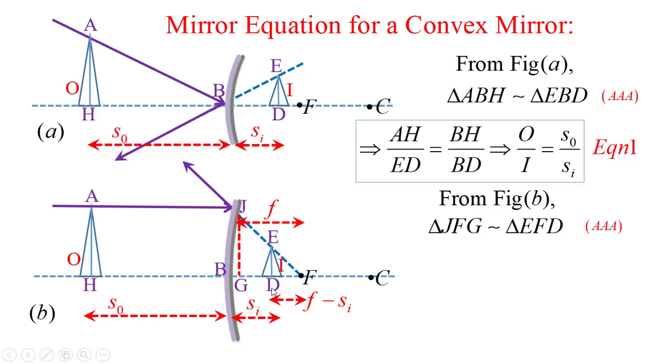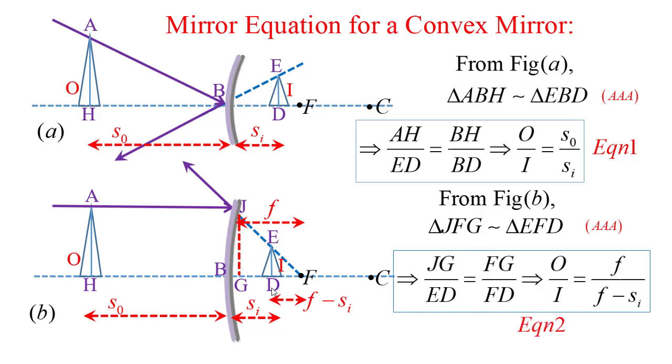Again, angle similarity of triangles. And from the fact that the ratio of corresponding sides of two similar triangles must be equal, JG divided by ED is equal to FG divided by FD. This implies that the object height divided by image height from this arrangement is f divided by f minus Si. You can clearly see that from this diagram, and we will hold this as equation 2.